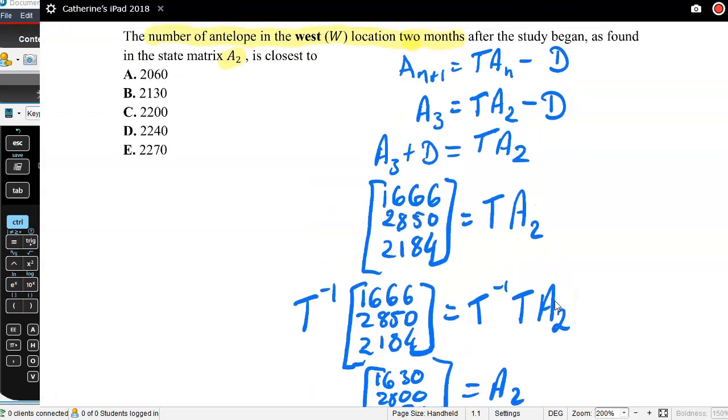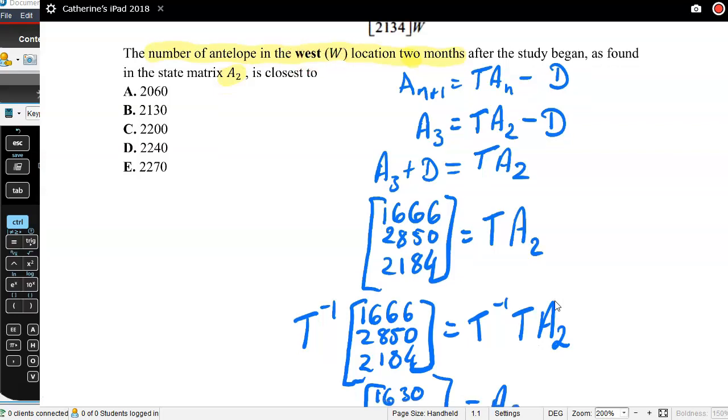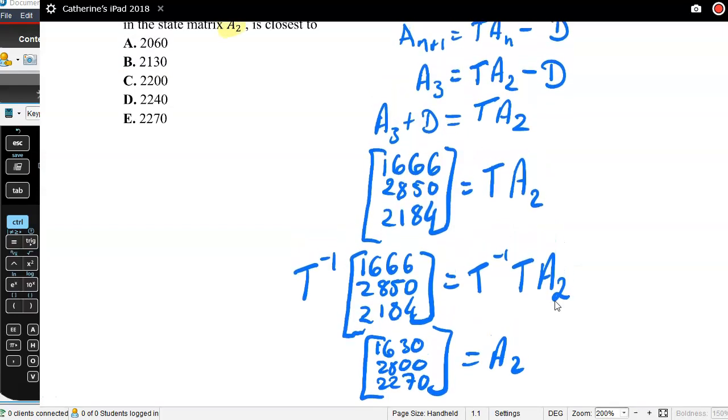So now we're looking for the number of antelope which was in the west, which is going to be the bottom one. So 2270 should be E. And yes, we're correct.